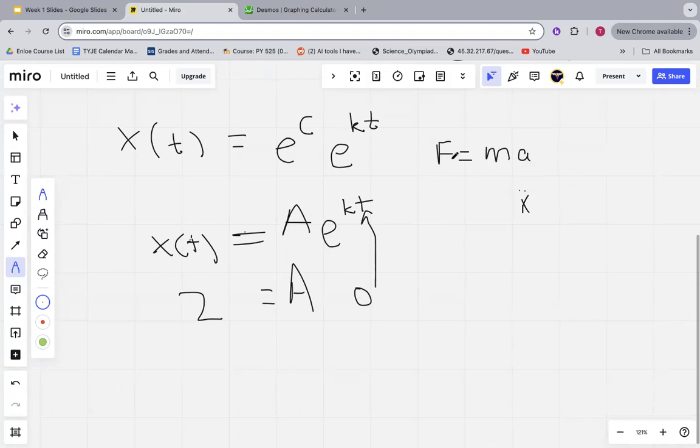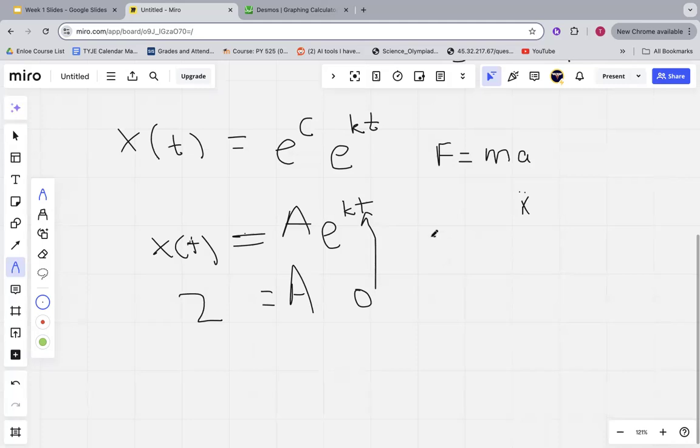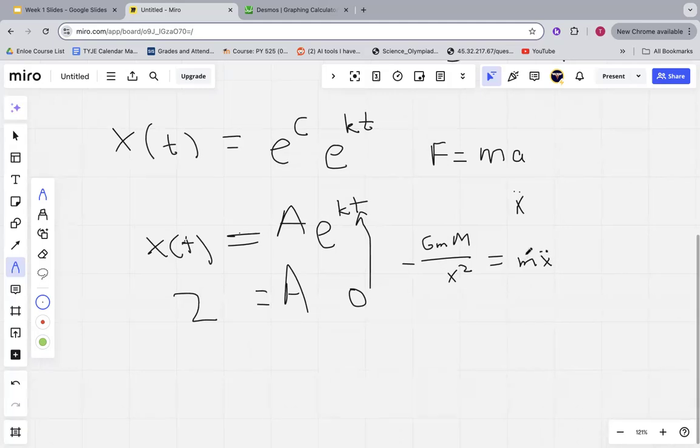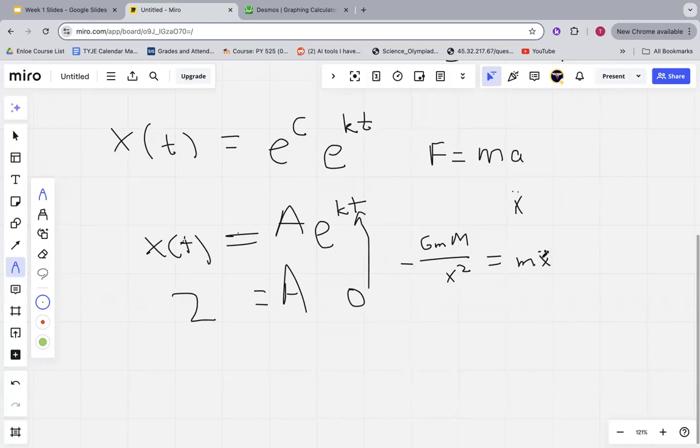So let's just say I have some weird expression like that for F, right? Well, now I can solve for what my x value is as a function of time. So based on our physical laws, we can figure out how things actually move.